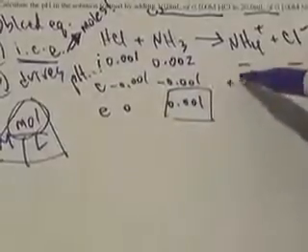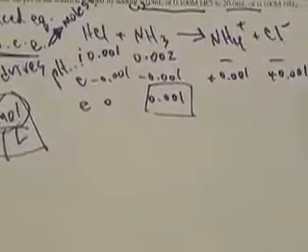None of this and none of this to start with. And now you have to decide what's going to get used up. Well, of course, the thing that's smaller is going to get used up, so I'll lose 0.001. I'll end up with none here, lose 0.001, and I end up with 0.001 amount of NH3 remaining. And over here, I gain 0.001 of the NH4 plus, and I gain 0.001 of the Cl minus. So I end up with 0.001 here and 0.001 here.